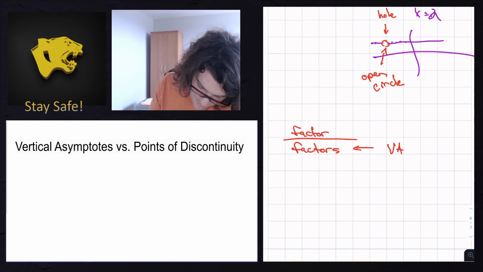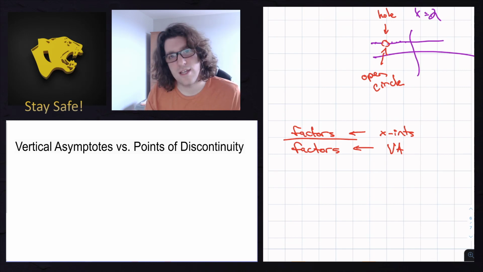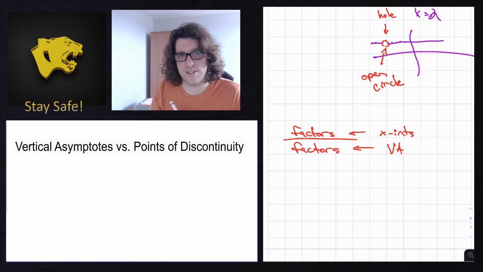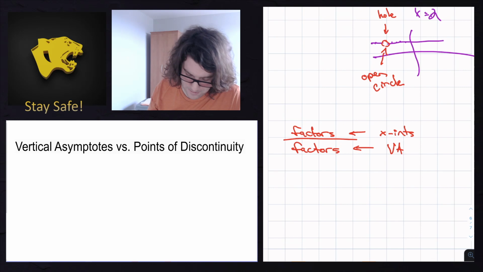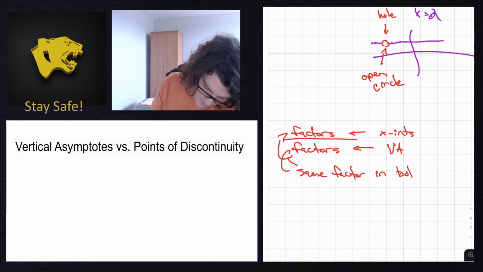Factors up top are actually x-intercepts. The only time when the whole thing has a value of 0, or y value of 0, is if you have something in the numerator that causes it to be 0 divided by some value. If you have the same factor in both, then it's a point of discontinuity.